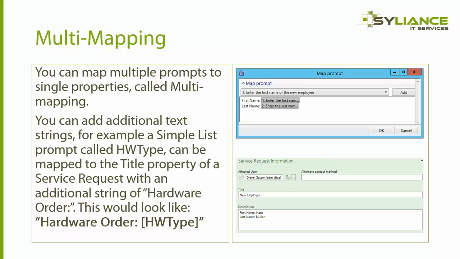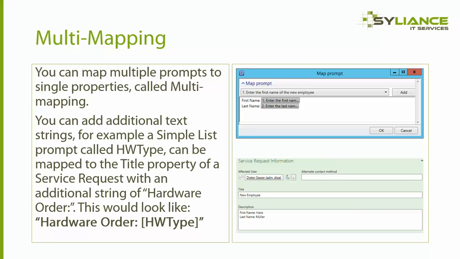On the right-hand side, you can see an example where the first and last name, which are actually user prompts in the request offering, have been mapped to the description field of the service request. Plus, you can add static text to the mapping as well, such as first name and last name in this example.